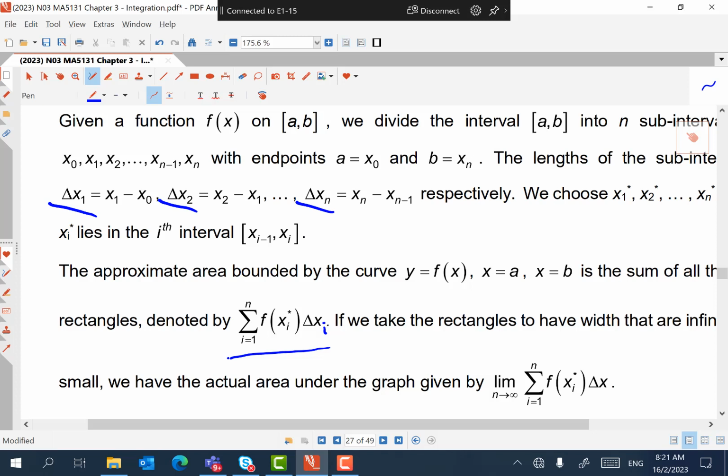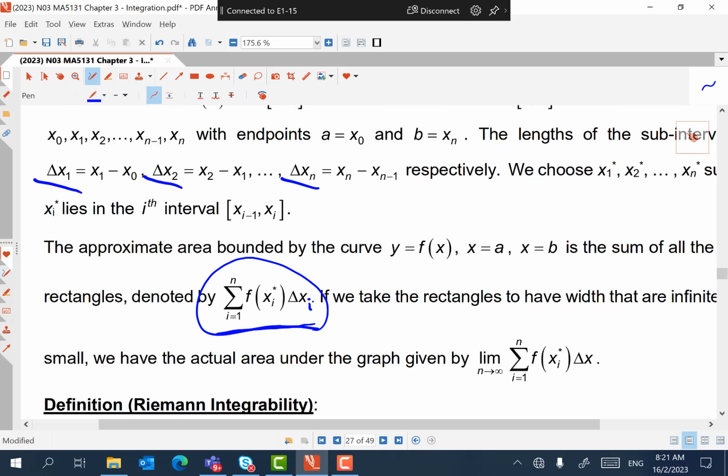So now you have a new expression. This expression is typically known as the Riemann sum. And as we have discussed earlier on, the limit of this Riemann sum, there's an x_i there, will give you the area under the graph if, if what?